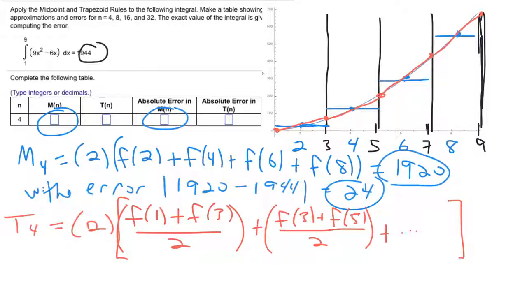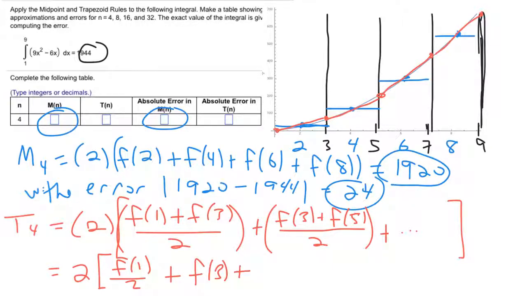And the formula that they give in the book is just based on taking this formula and noticing that here you have f of 3 over 2 and here you have f of 3 over 2, so you could add those together. So the formula that you normally see for this just collapses all of these different individual fractions and gives you one sum. So I'll have f of 1 over 2, I'll have that just once. Then I'll have f of 3 over 2 twice, and so that's f of 3.